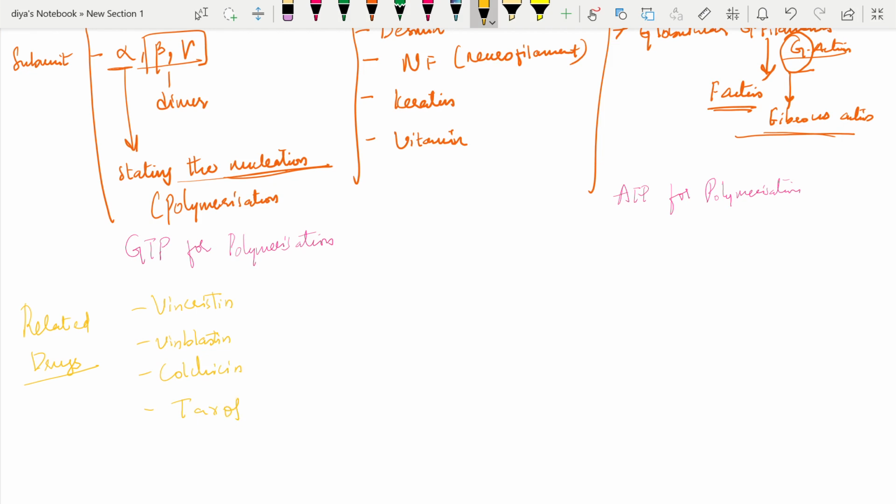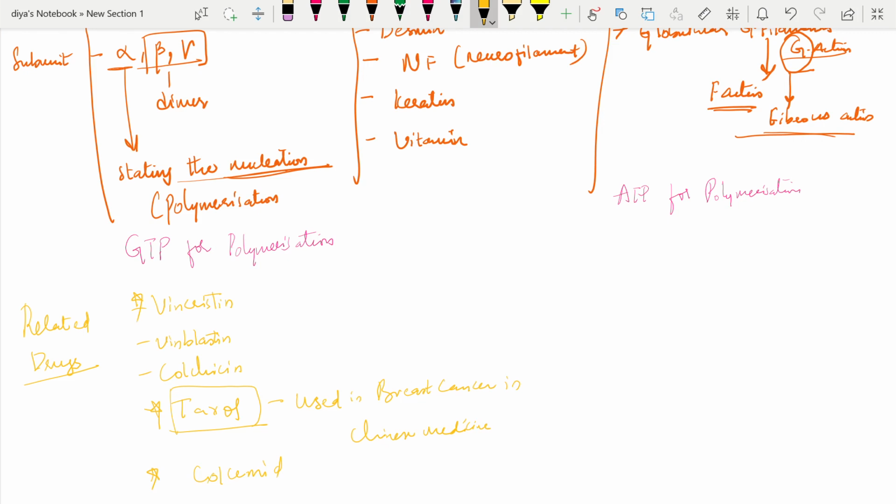From an exam point of view, vincristine and Taxol are very important. Taxol is used in breast cancer, and another is colcemid.